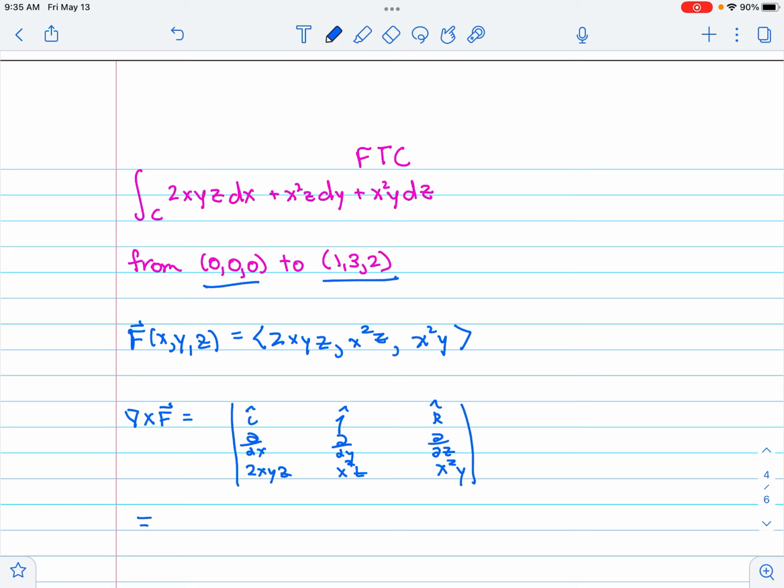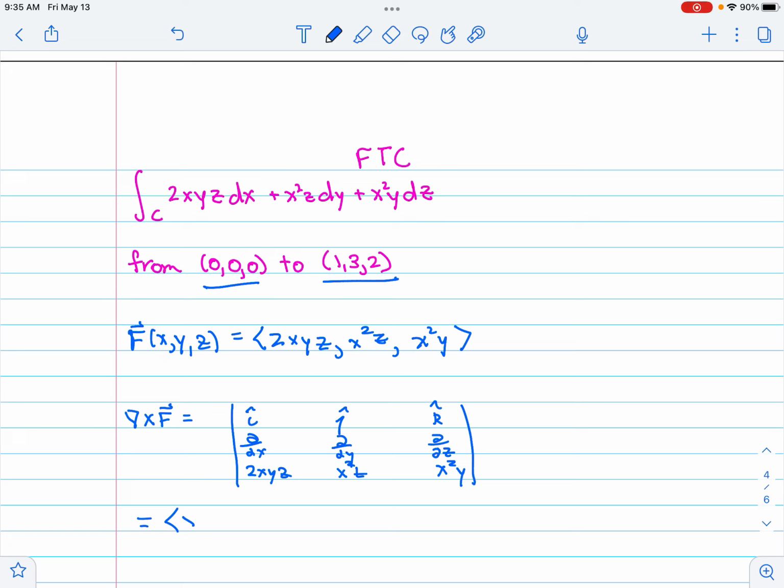Okay, so let's see what happens here. This first one is going to be x squared minus x squared. Okay, so this first one is 0. This first coordinate is 0. Now remember, we want all three of these coordinates to be 0.